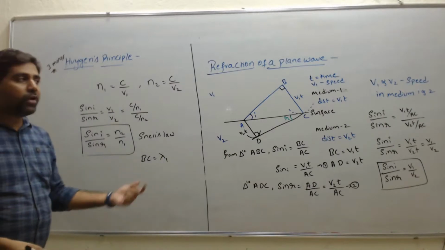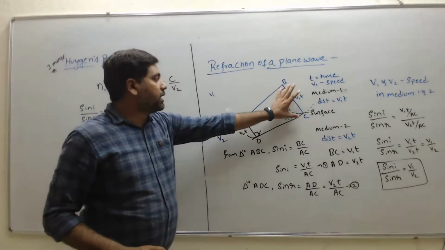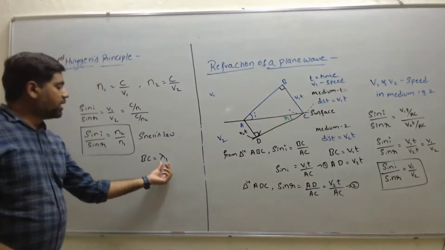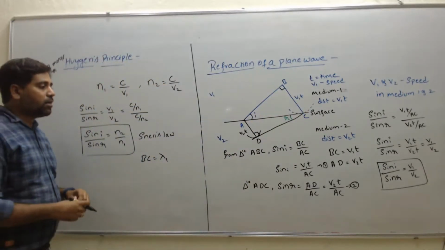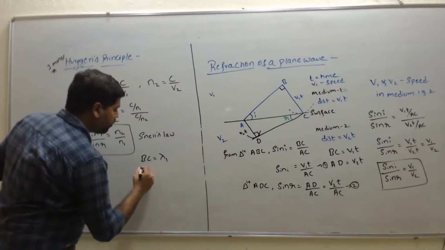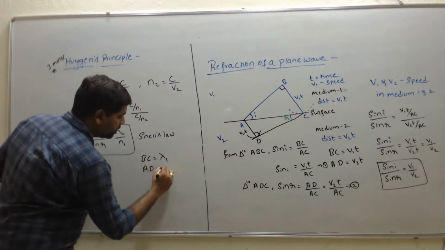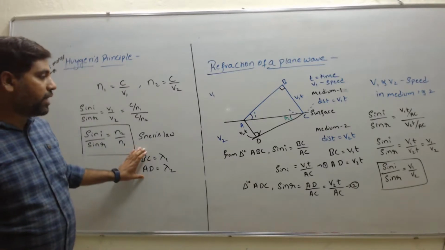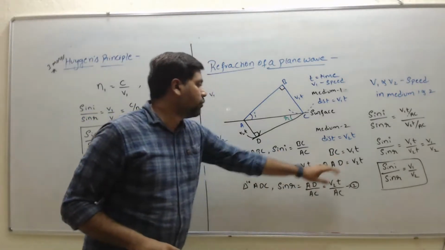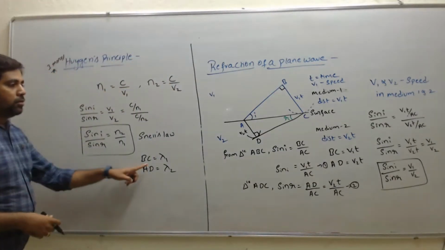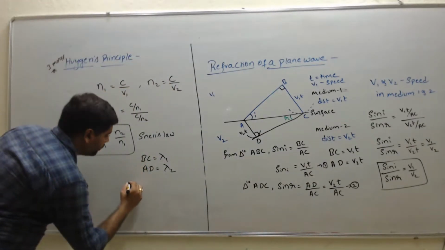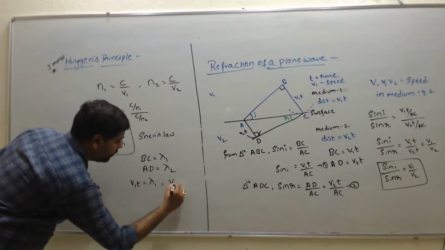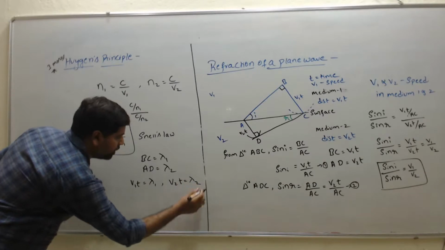The length of the wave is the wavelength, that is BC equals lambda 1, and here for AD it is lambda 2. So if we substitute these values, for BC we have V1T, that is V1T equals lambda 1 and V2T equals lambda 2.